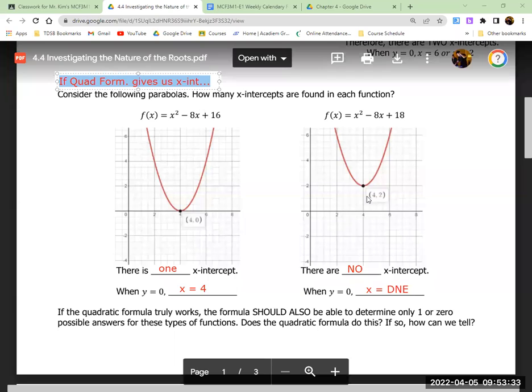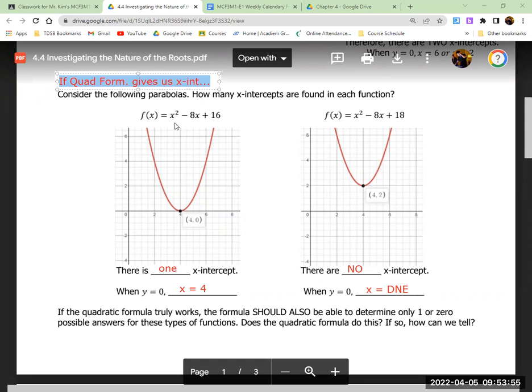Every single time we did a quadratic formula, look at our practice quiz, it always gave us 2 answers. So if the quadratic formula is doing its job, it should also have the ability to give us 1 answer, and it should also have the ability to give us 0 answers.